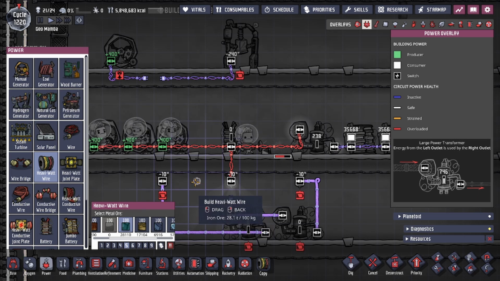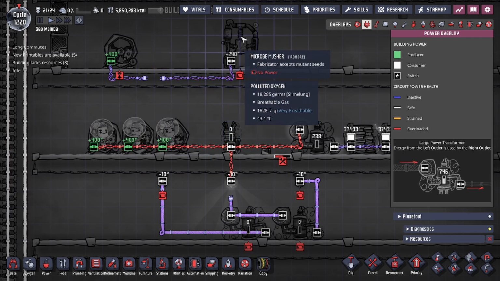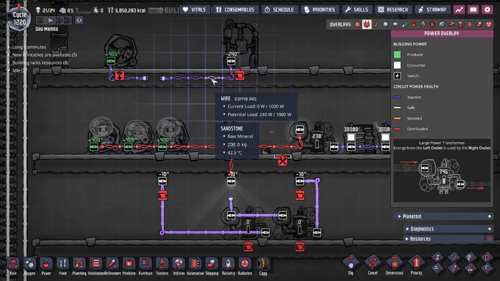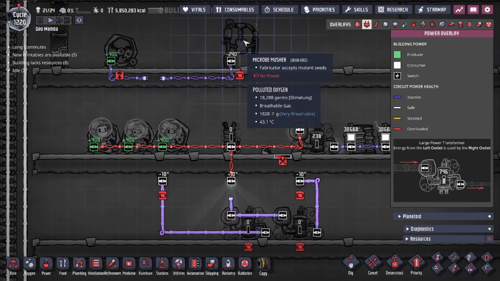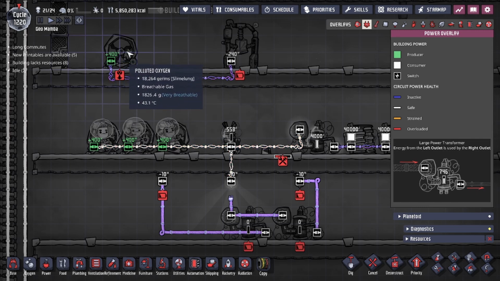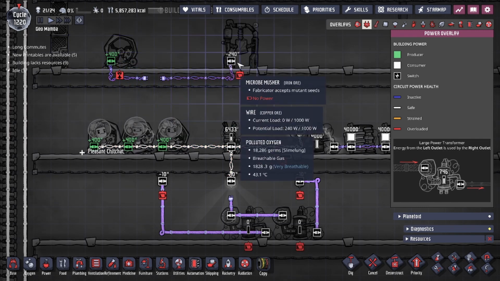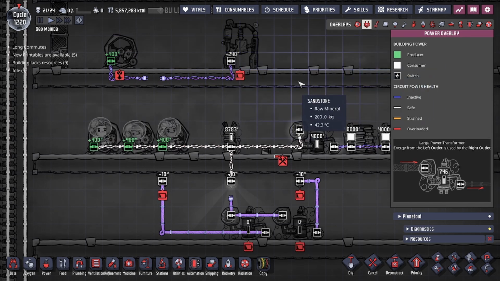Next thing to look at is going to be your power wire in and of itself. If you attach too many consumers, let's say that I added 6 micro mushers and they were all connected on this power line, it would actually tell me I had 1440 watts of power on this. And even if I was able to buffer it with a battery, I will actually start overloading if they all pull power at the same time.